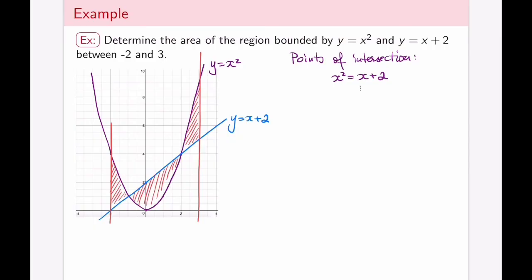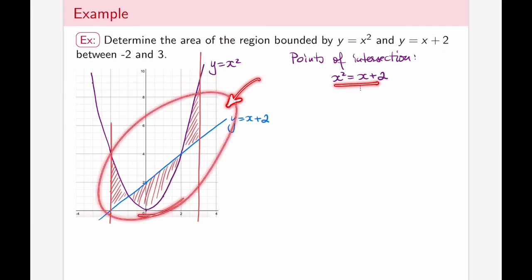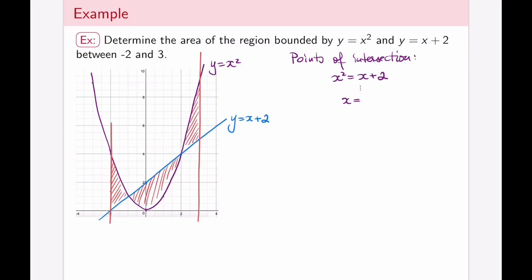I'm going to leave this to you, whether you prefer to use the quadratic formula or to factor it out. My only point is that you have to solve this algebraically. You cannot just eyeball it from the graph. The graph provides a visual support, but it's not the proof of the finding of the points of intersection. So here I will have x is -1 and 2.